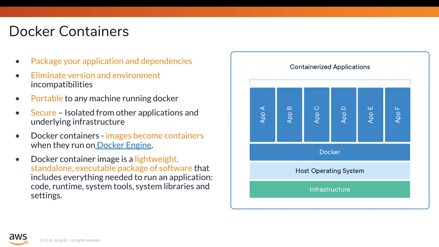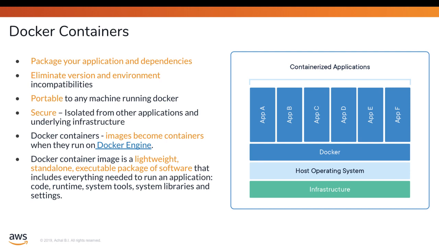It provides portability to your application, wherein you can move your application from one Docker system to another Docker system, irrespective of the underlying infrastructure. It is also secure in nature, because it isolates the application from other applications and the underlying infrastructure.